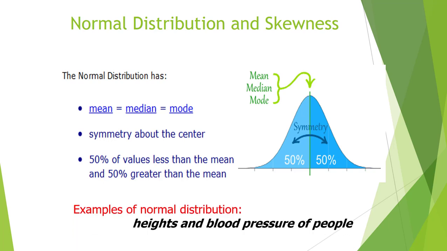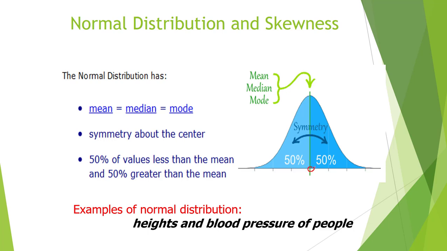Good examples of normal distribution are people's heights or people's blood pressure. Now you should be able to understand why we say people's heights or blood pressure are normally distributed. Here in the center is the mean, right?